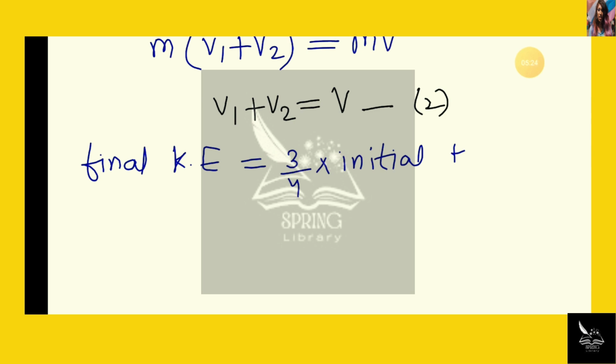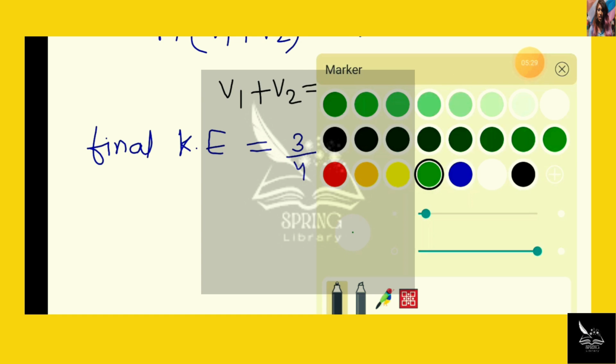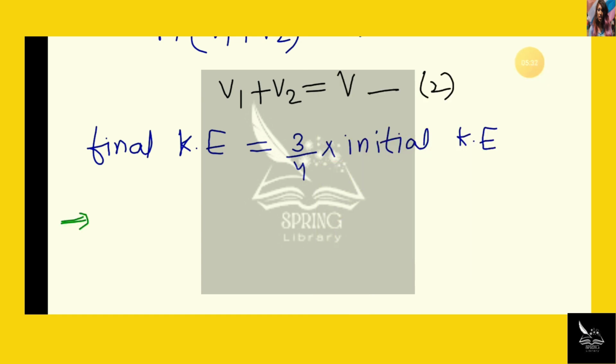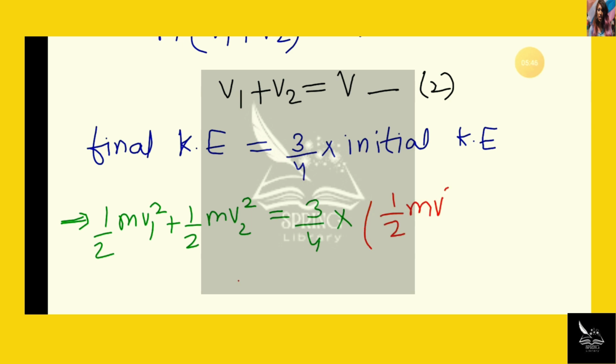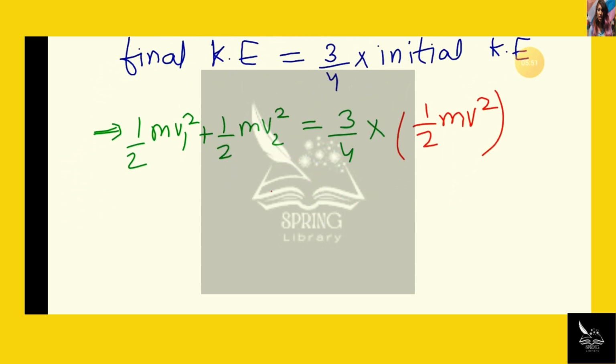So by using this condition, final kinetic energy is equal to half mv1 square plus half mv2 square, is equal to 3/4 times initial kinetic energy, which is half mv square. So now simplify it, then I will get v1 square plus v2 square is equal to 3/4 of v square.